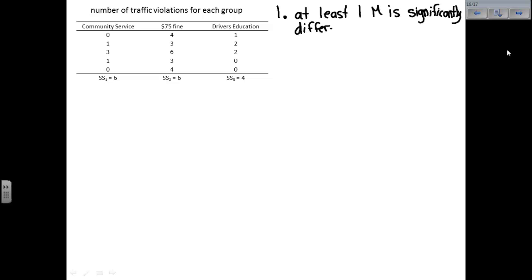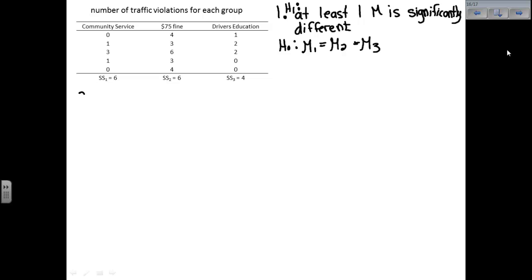Remember, we're putting it in terms of mu because we're using the sample to make an inference about the population. So that's our alternative hypothesis. Then our null is just mu1 is equal to mu2 is equal to mu3. So we would think that they'd all be about the same in the population according to the null.